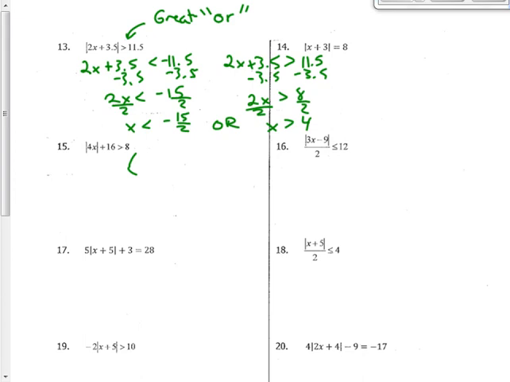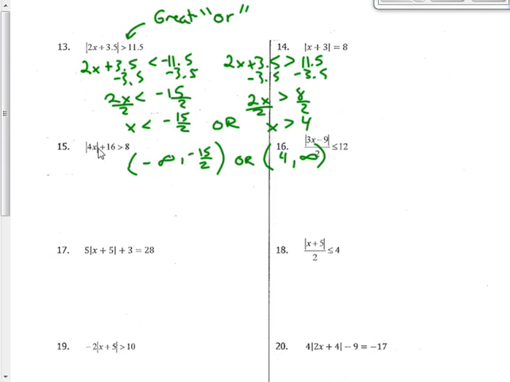If there was a line underneath, I would do a bracket. So I'm going from negative infinity to negative 15 halves, and then I'm also going from 4 to infinity. Those are the two intervals that I have.